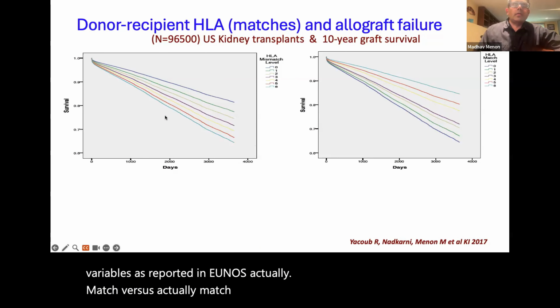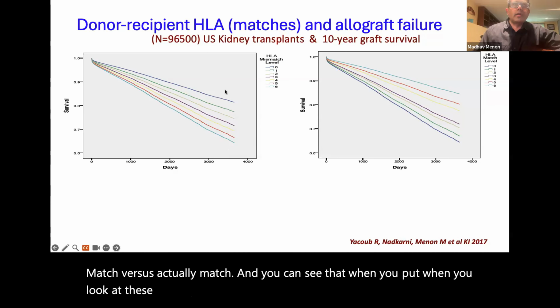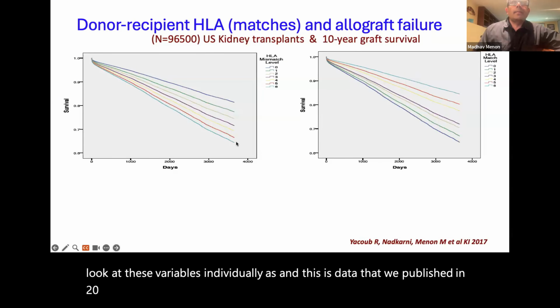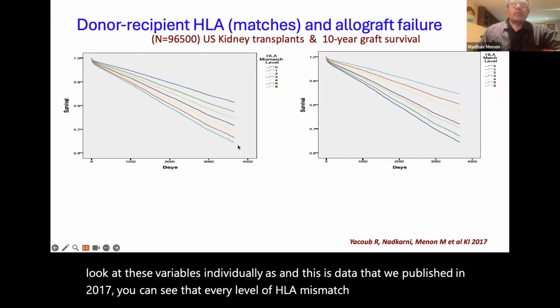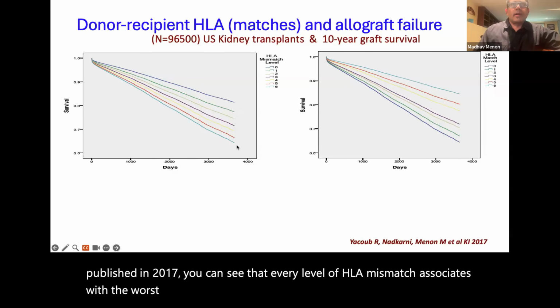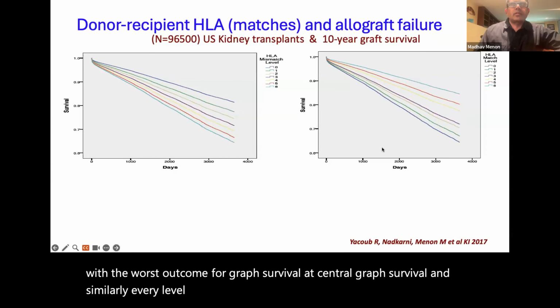And you can see that when you look at these variables individually, and this is data that we published in 2017, every level of HLA mismatch associates with a worse outcome for death-censored graft survival. And similarly, every level of HLA match associates with a better outcome, as one would expect.